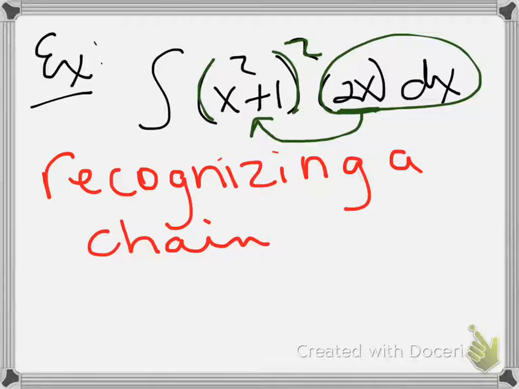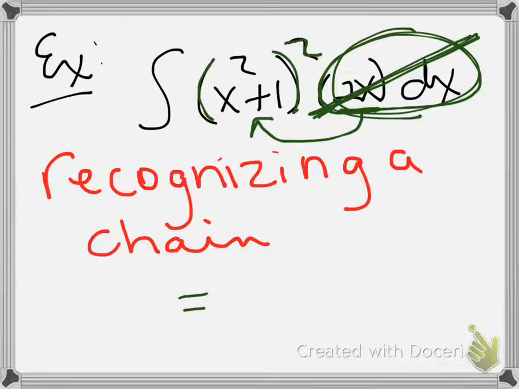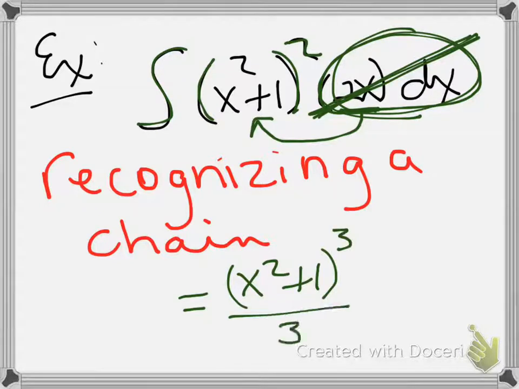The reason that's important is because, when we integrate, the dx goes away. So for this function, to get the answer, we have x squared plus 1 to the second power. Since the 2x is already there and we're grouping it now with the dx, since that's going to go away with the process of integration, x squared plus 1 squared becomes x squared plus 1 to the third power over 3 plus c, which is exactly what you want to be able to do with a grouping of parentheses.